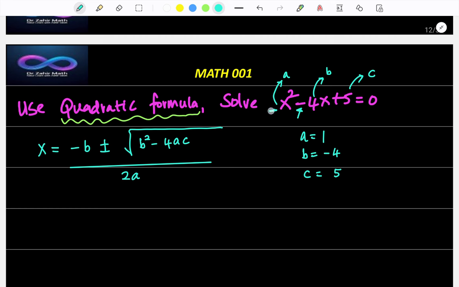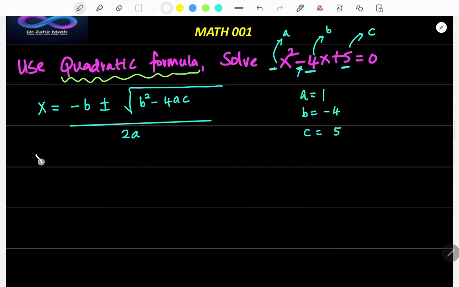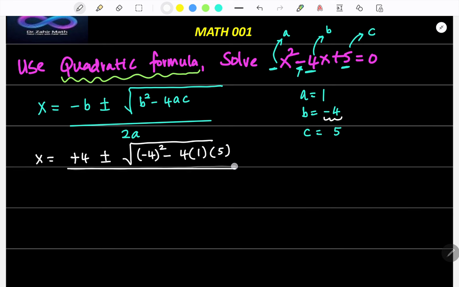Look carefully here. Plus or minus. So x equals minus b, so minus of minus 4, which is plus 4, plus or minus square root of minus 4 the whole square minus 4 into a into c, divided by 2a.